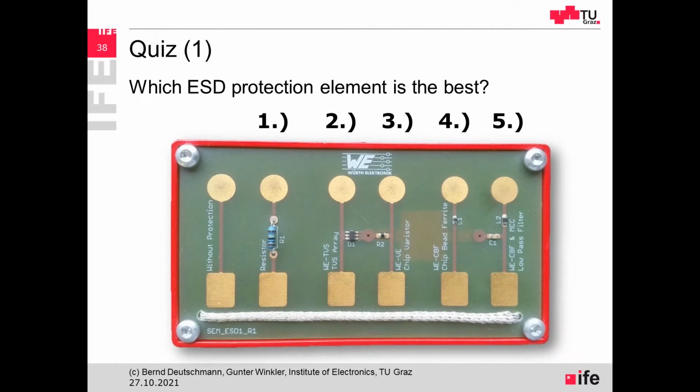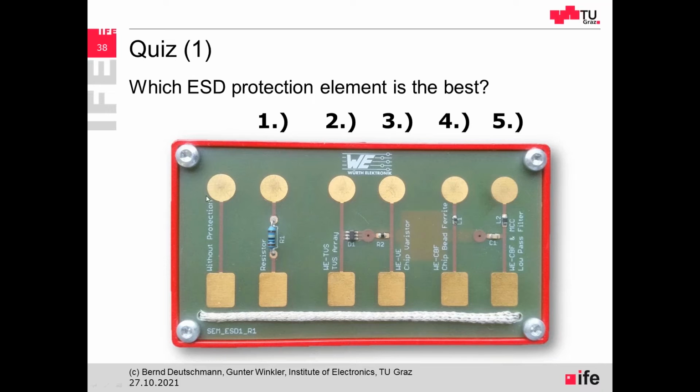But in order to give you a short demonstration on important protection systems, we got a very nice demonstration kit, also from Würth Elektronik, that we usually provide to our students to have a look and feel experience, to figure out what kind of protection structure is very efficient and how an electrostatic discharge feels if we are using the right or the wrong protection system.